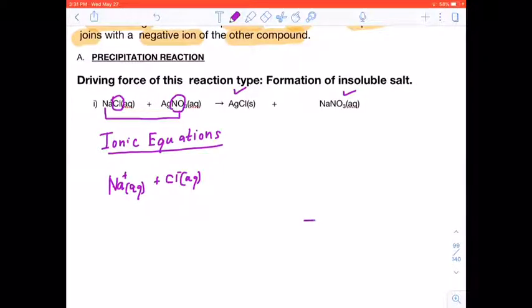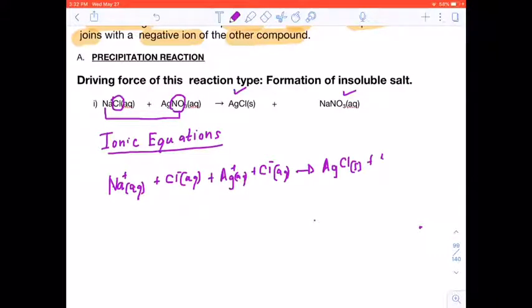And then silver nitrate is also soluble, so we can write that down using its respective ions. And that gives us silver chloride, but that is not soluble, so we write it in its molecular form like that.